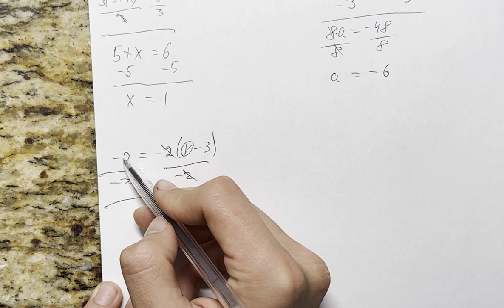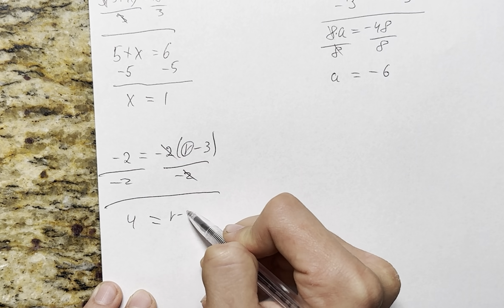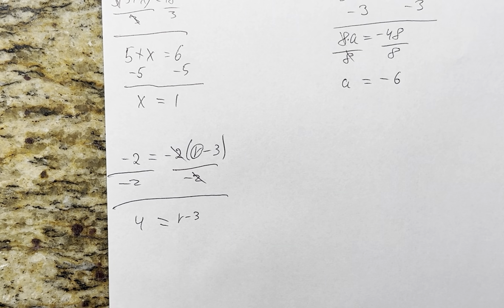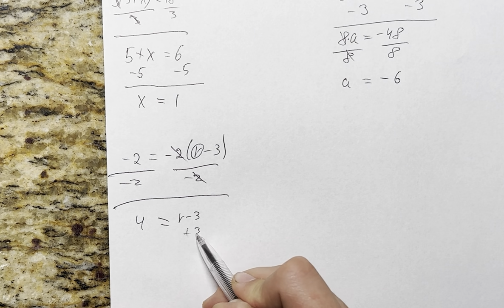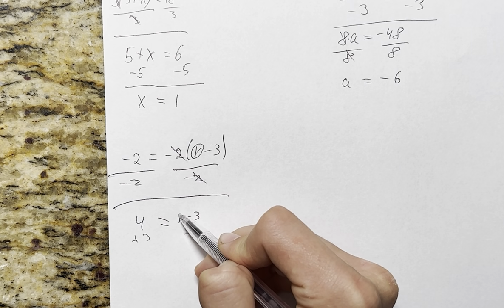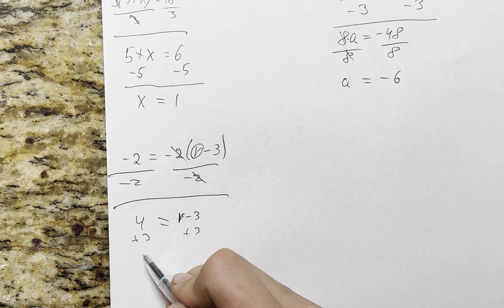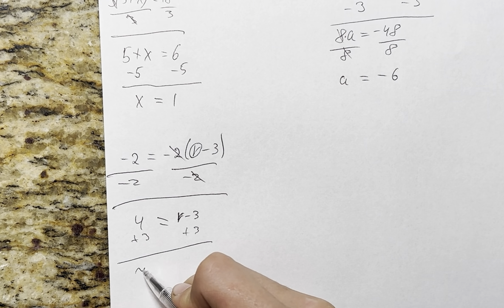What you'll get is 4 equals r minus 3. Alright, and now you can add 3 to both sides to get rid of this minus 3 and leave the variable by itself. What you get is 7 equals r.